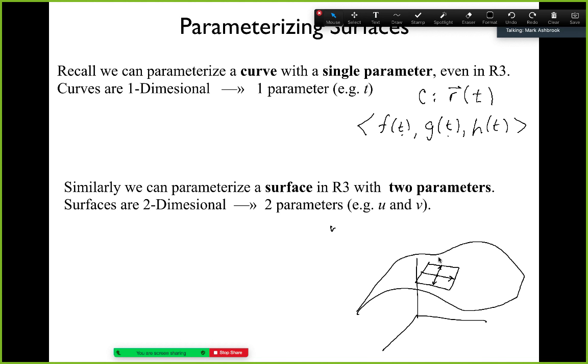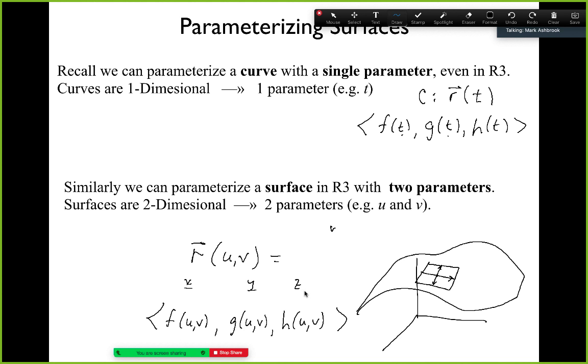Okay, but then we're going to see that we're going to use different names. But generically, these parameterized surfaces are vector functions of two variables. So it's going to be some function of u and v as the x component, some function of u and v for the y component, and some function of u and v for the z component. But again, it's just a way of defining every point on the surface, just like our vector functions were a way of defining every point on the curve.